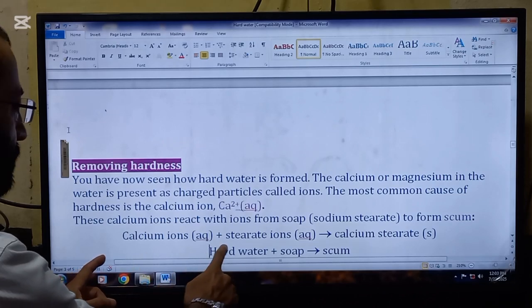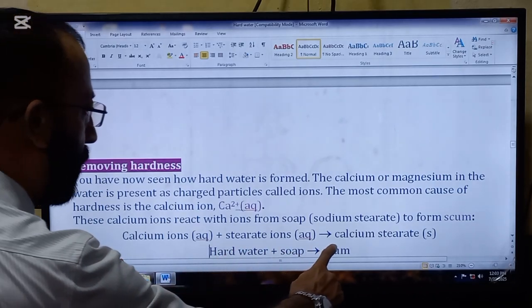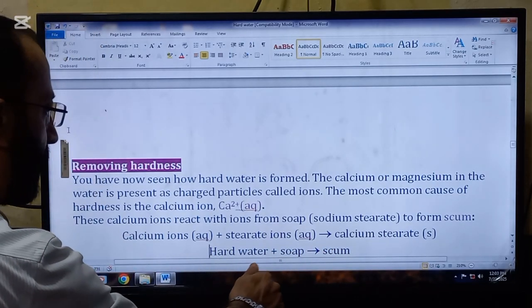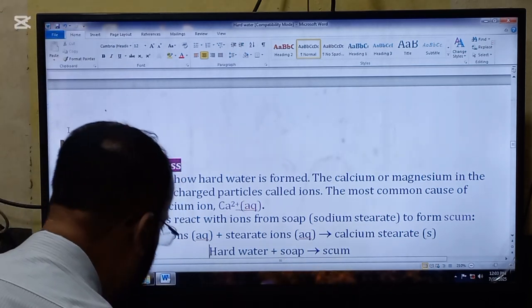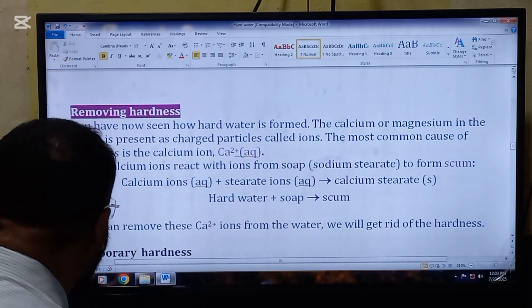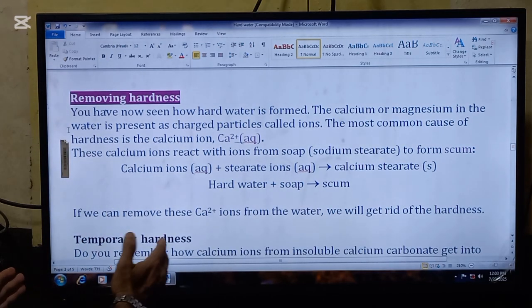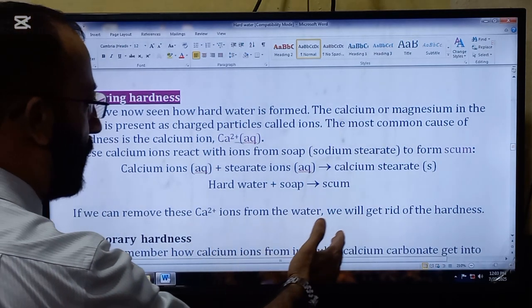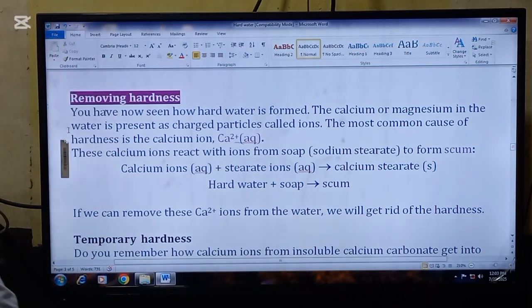So calcium ions react with stearate ions to form calcium stearate. That is, hard water plus soap forms scum. So this is the equation of the scum, how it is formed. If we can remove these calcium ions from the water, we will get rid of the hardness.